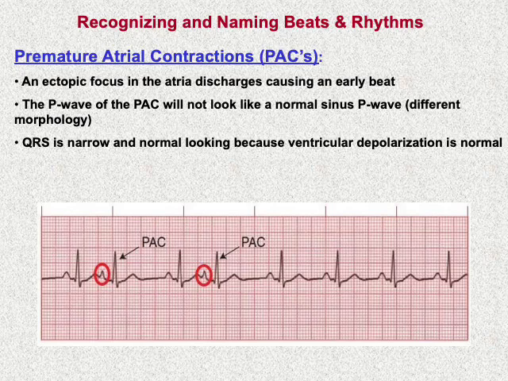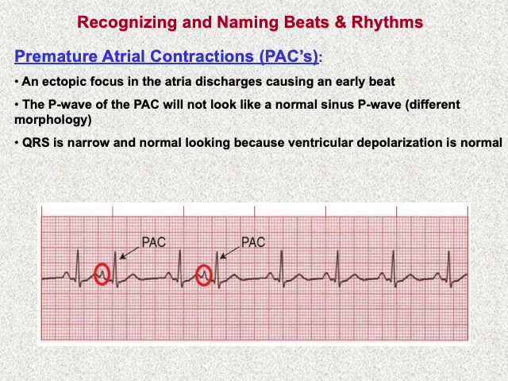First is premature atrial contraction, which is an atrial contraction coming before the next P wave from the sinus node fires, so it comes premature. We will have a different P wave, because it is coming from the atrium, not from the SA node, so it will have a different morphology, and it's coming early.